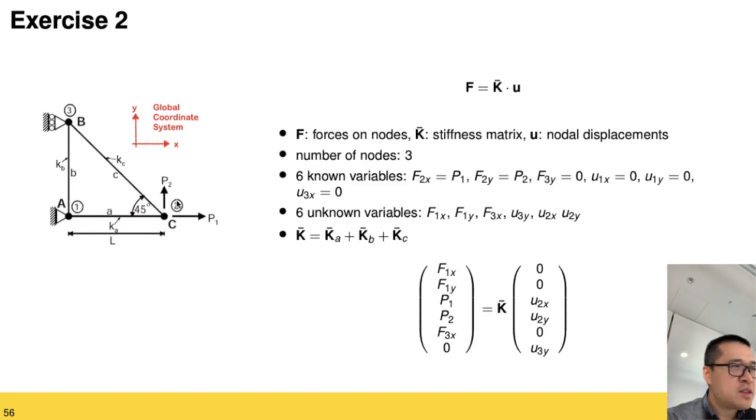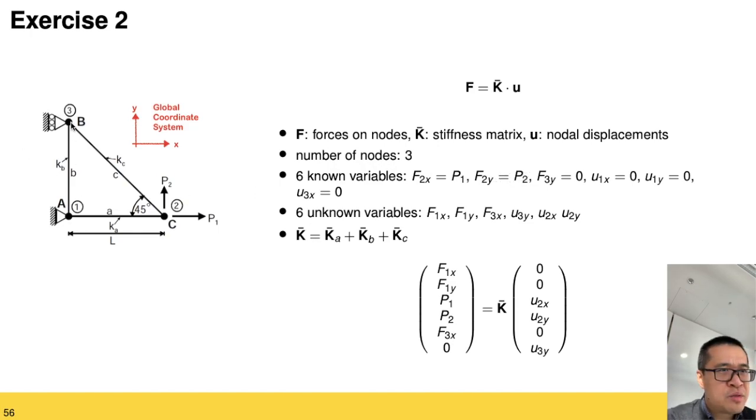This is how the textbook decided to do it, so we have node 1, node 2, and node 3. On node number 2, the x force is P1 and the y force is P2. So F2x is P1, F2y is P2.